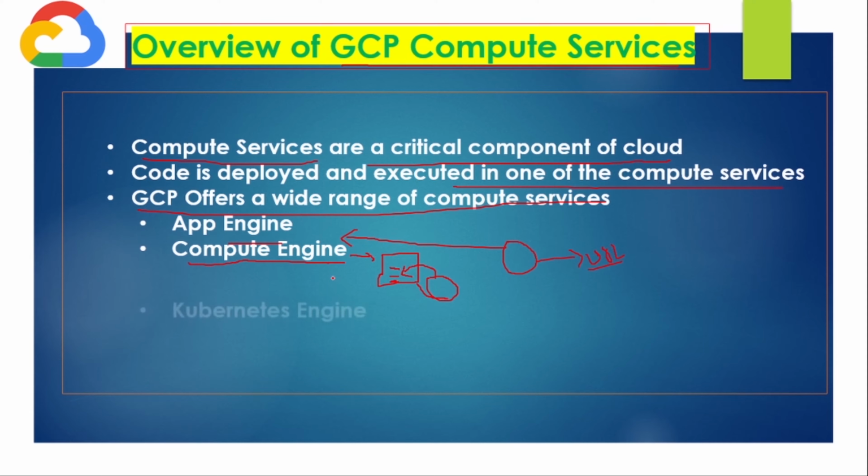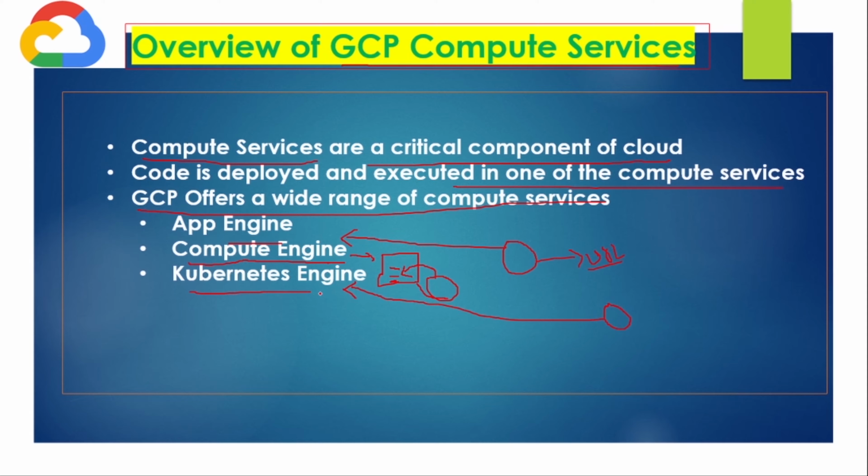The next thing is the Kubernetes Engine. This is an orchestration platform and it uses containers. You package your code in a container and bring it to Kubernetes Engine. You deploy your code here, and Kubernetes Engine is responsible for maintaining your code.